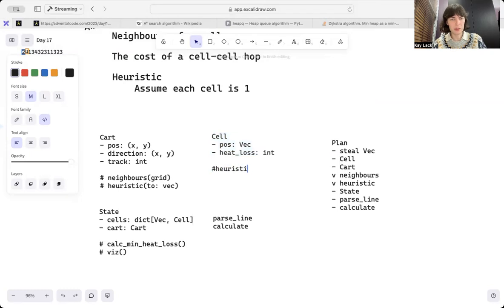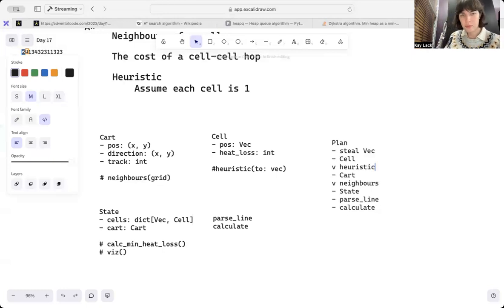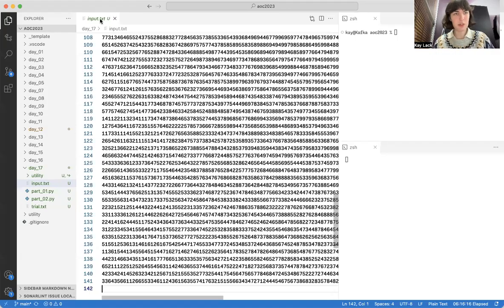Heuristic should be on here. Yeah, I think that's right. Or should it? Yeah, no, I think it should be. Okay, all right. I think this puts us in a reasonably good position. Switching to the code.